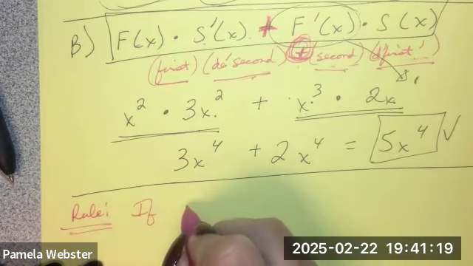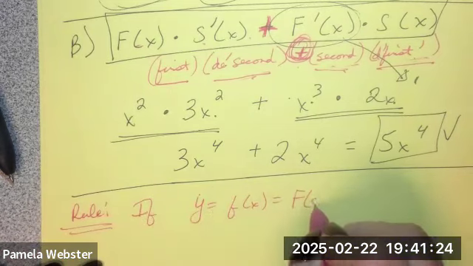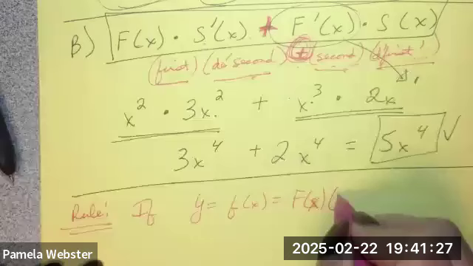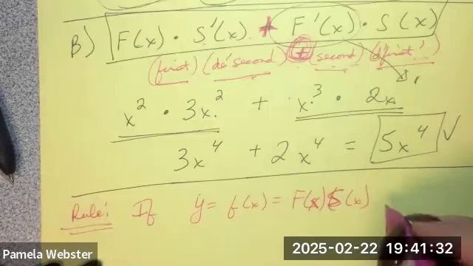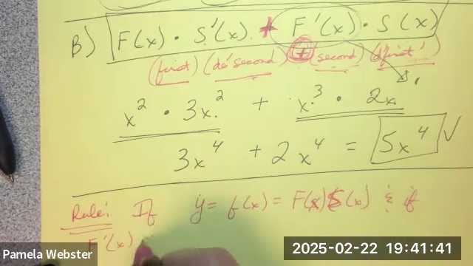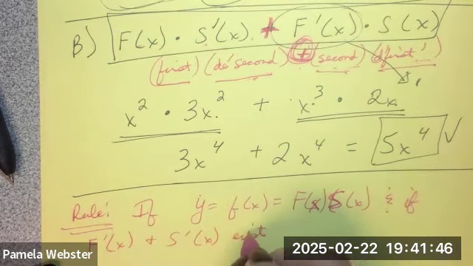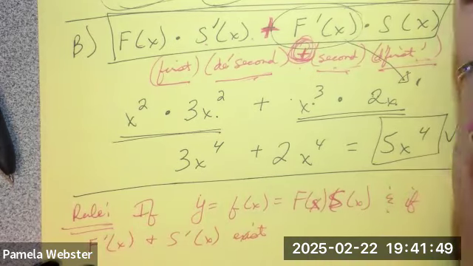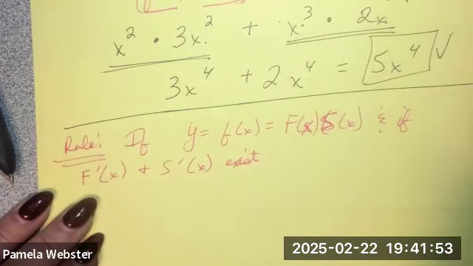So here's the rule. If y equals f of x equals capital F times capital S. I always have problems with the F's and the S's. They sound alike to me, similar. And if capital F prime and capital S prime exist, so in other words, we can't have weird stuff going on and their denominators being 0 and stuff like that when we plugged in the h equals 0, right?